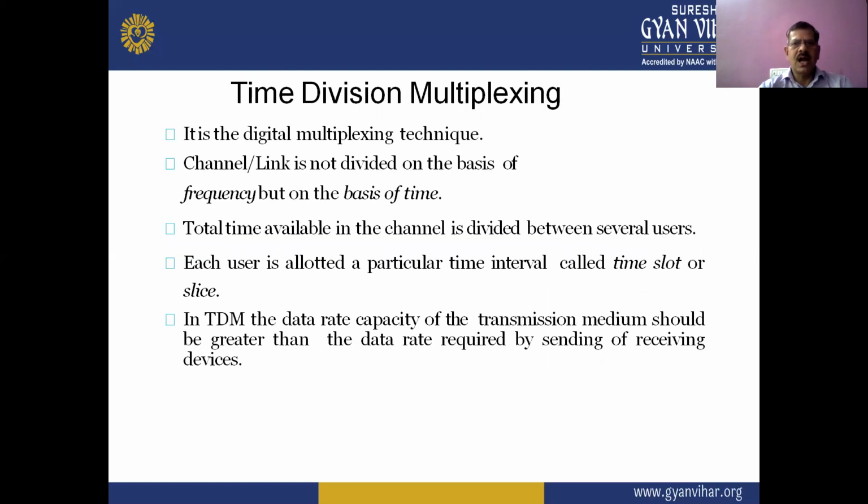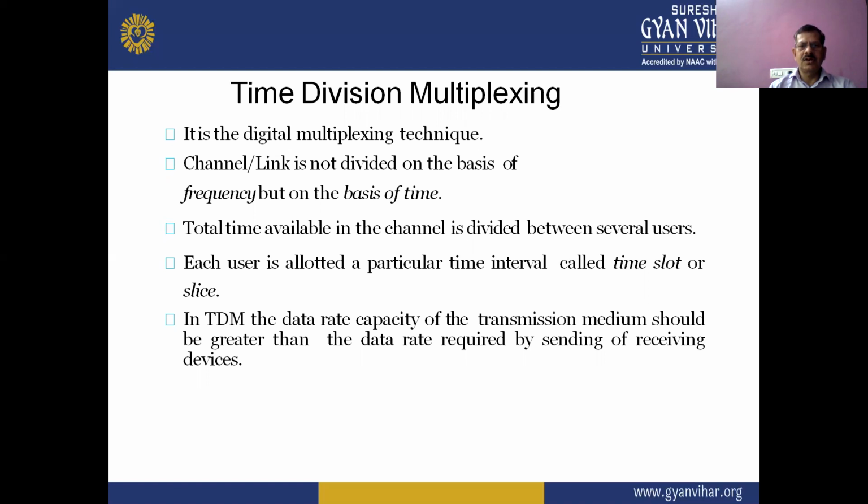Next one is time division multiplexing, TDM. It is a digital multiplexing technique. The channel link is not divided on the basis of frequency, but on the basis of time. The total time available in the channel is divided between several users.